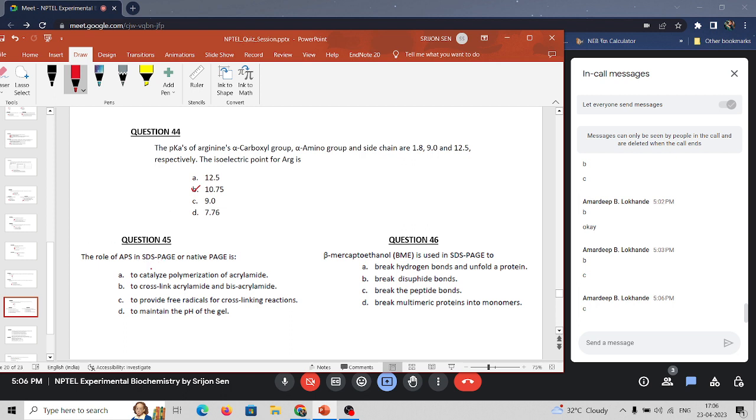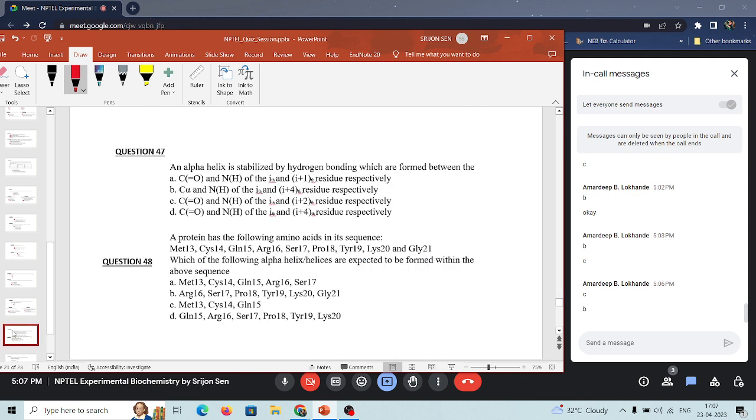So APS is responsible for providing the free radicals, which are responsible for the cross-linking reaction between your acrylamide and the bisacrylamide. Right. What is the role of BME in SDS? Breaking of disulfide bonds. Very good. These are direct questions.